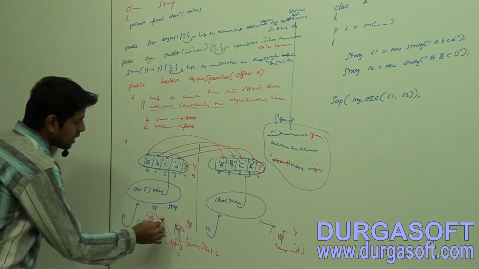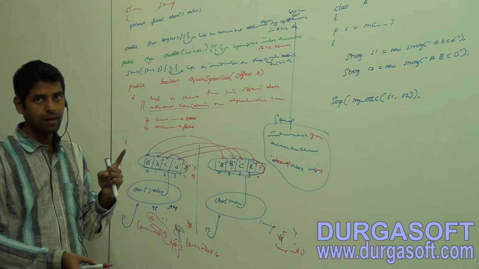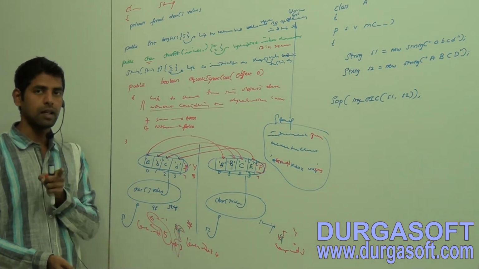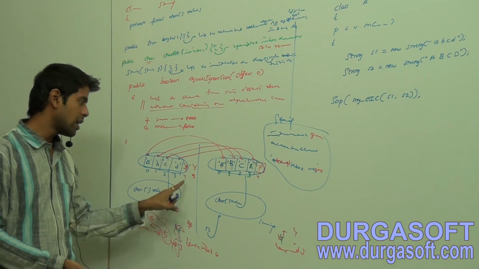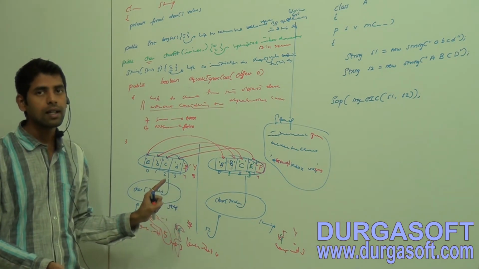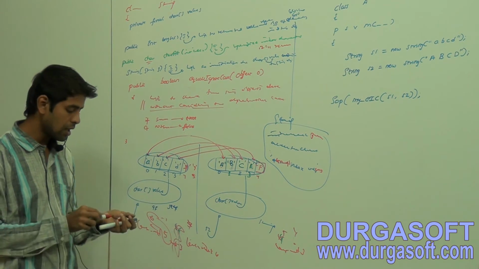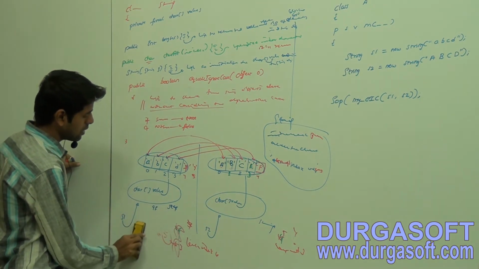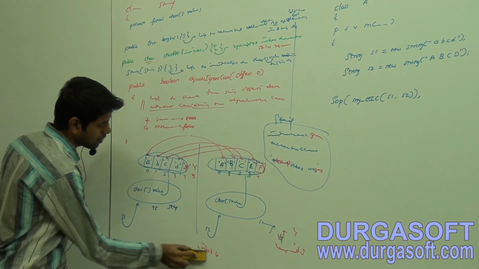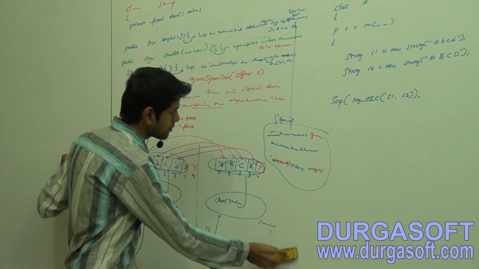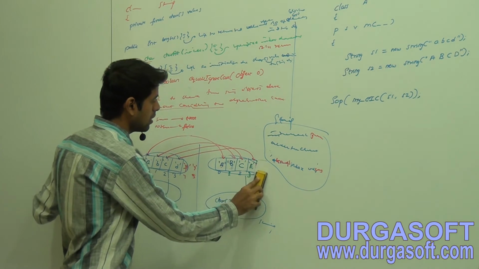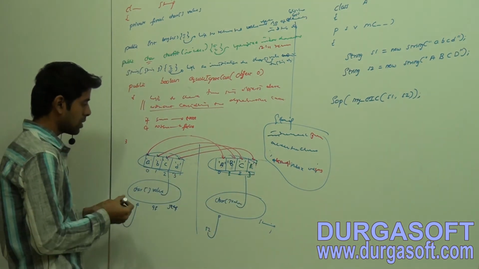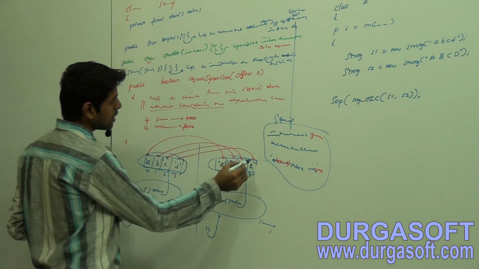Observe here, length minus 1 will always give the last index value to me.